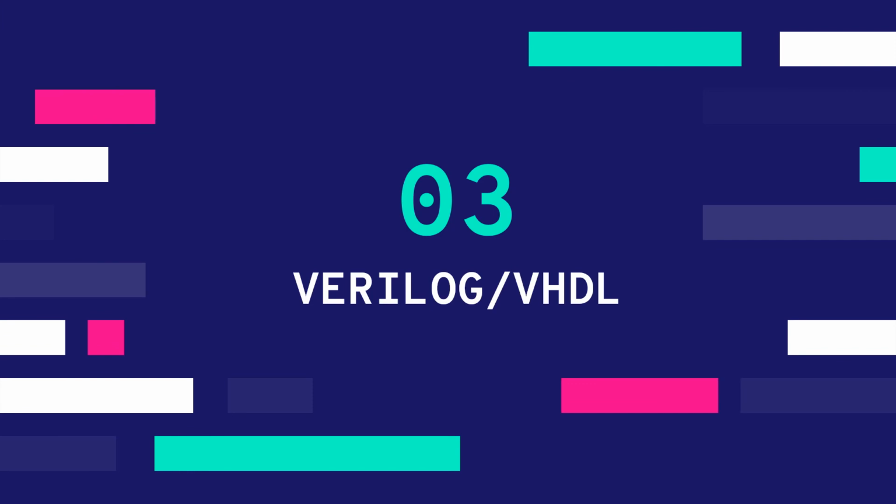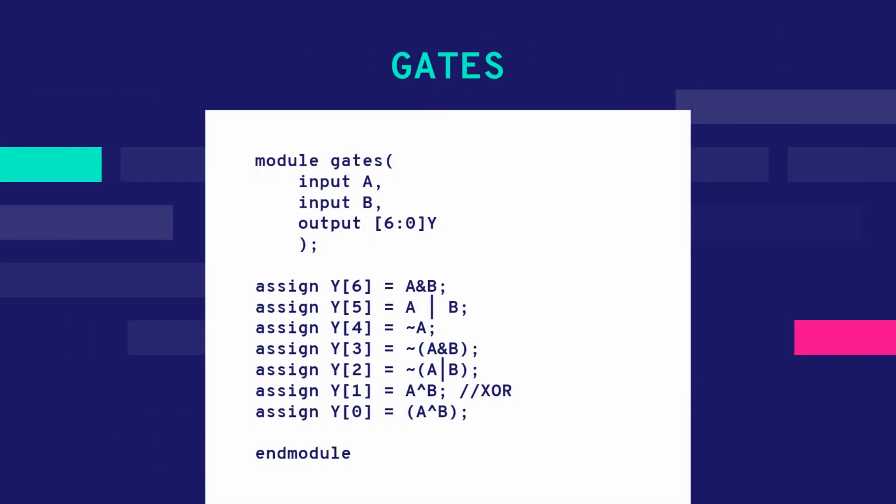Section 3 is Verilog and VHDL, which includes all the code that we learned and implemented. We first learned how to implement all the gates in Verilog, the function of the assign keyword, and how to instantiate the modules.